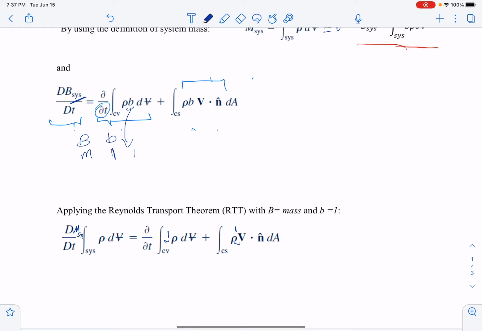So for example, let's say we don't know what B is, but we know that b is per unit mass.